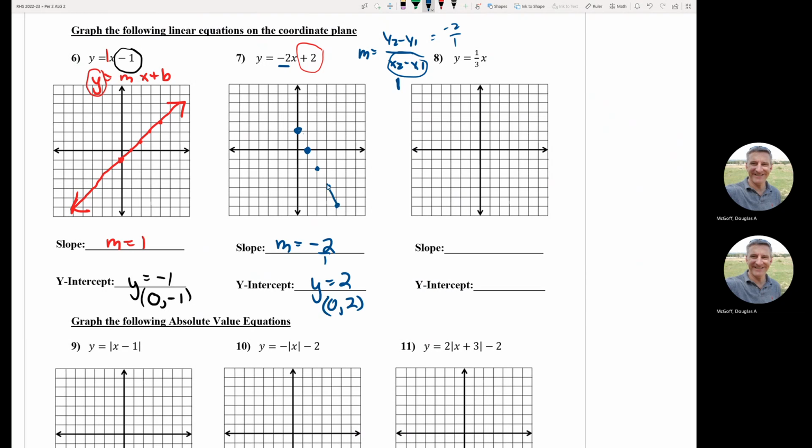Draw my line. It doesn't just go to the right, it also goes to the left. If I was trying to get my slope over here, I'd have left 1 up 2. +2 over -1 is also -2.